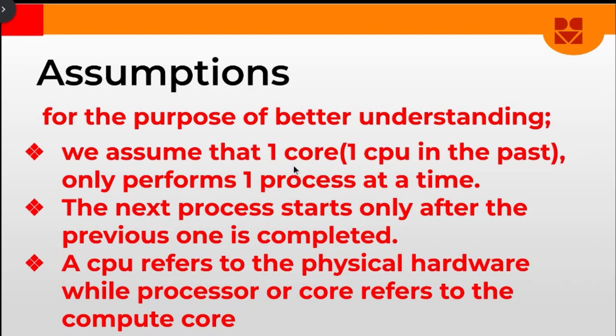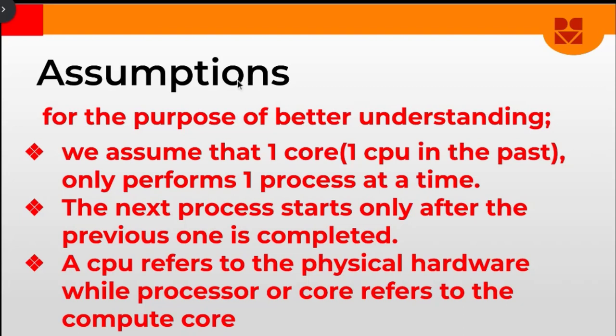Later you will get to know what a process is, but let's assume that one CPU core just does one process at a time, and that the next process only starts after the previous process has been completed. So it means that two processes cannot start at the same time.